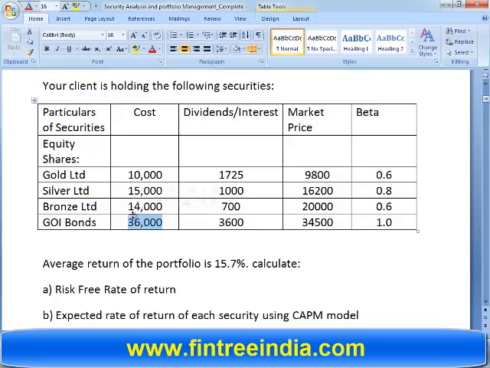So the return that you would earn on Government of India bonds: the cost was 3600, then you got a dividend of 3600, and the market price reduced further. Based on this, can you get an intuition as to what would be the risk-free rate of return?